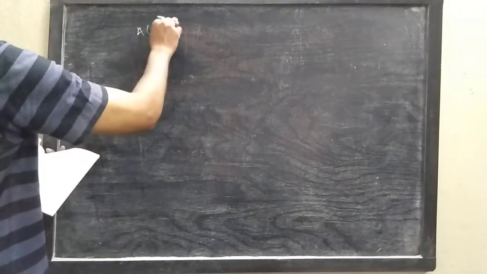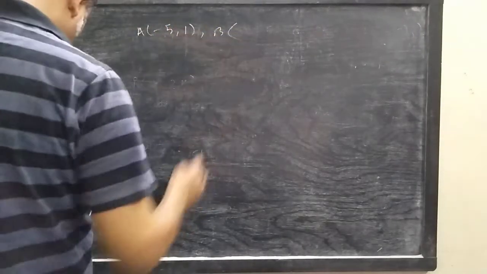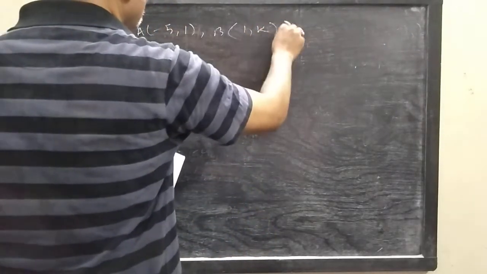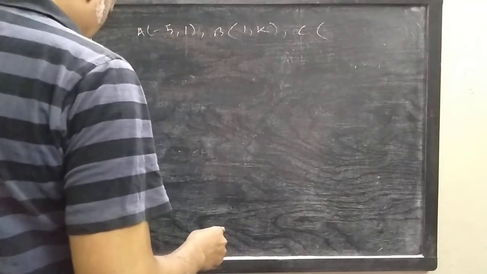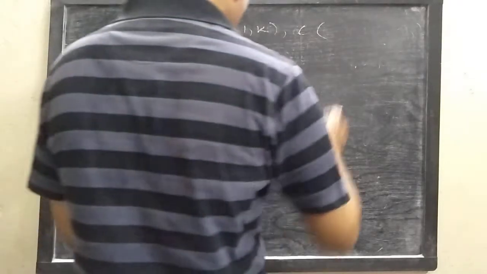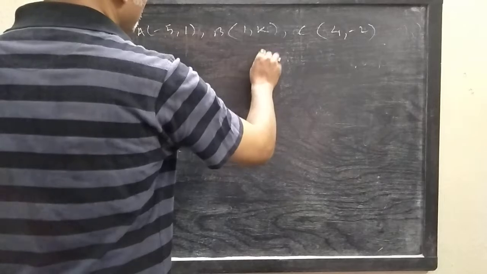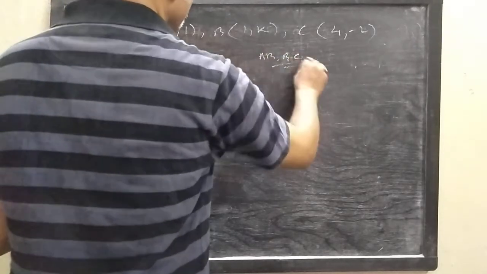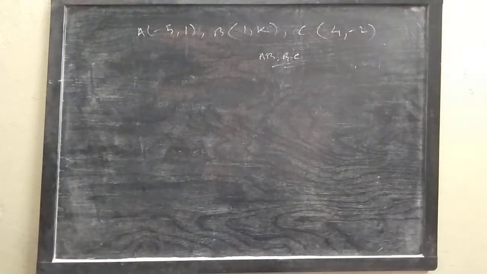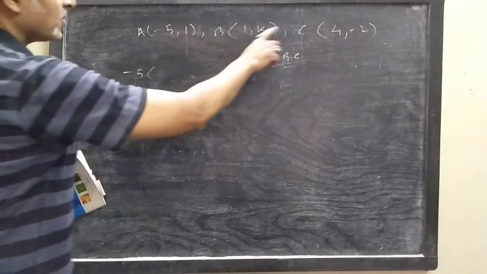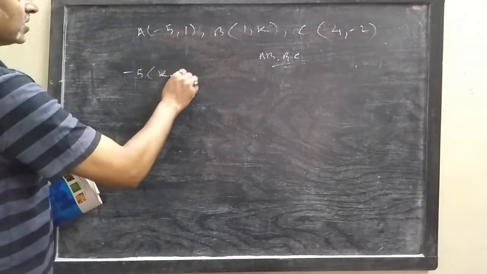Find k so that the points A (-5, 1), B (1, k), and C (4, -2) are collinear. Also find the ratio in which B divides AC. B divides AC, that is we have to find AB is to BC. So first write, as the points A, B, C are collinear, we have x1 into y2 minus y3, that is k minus -2, that is k plus 2.